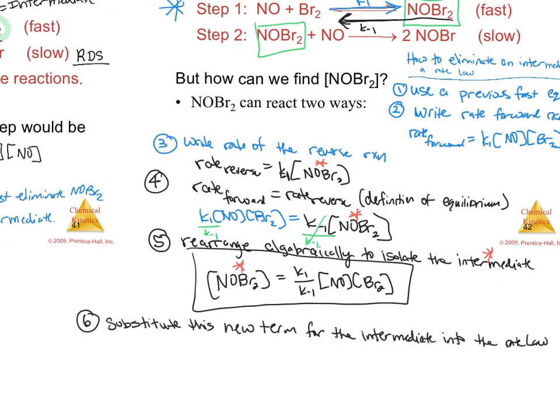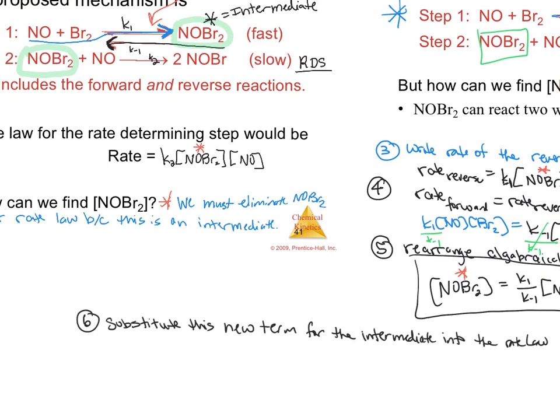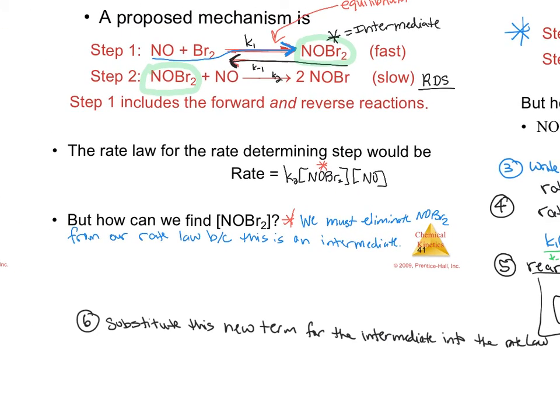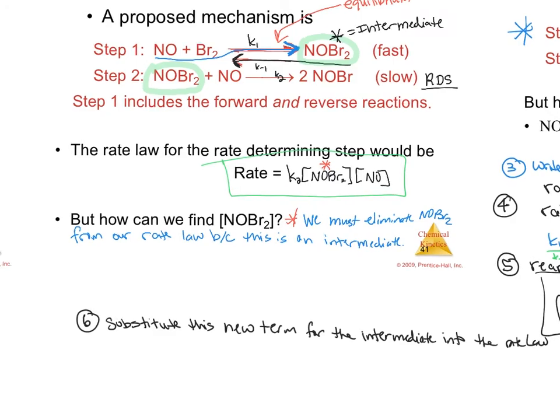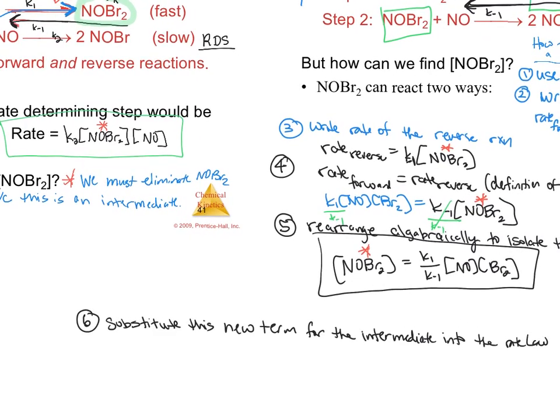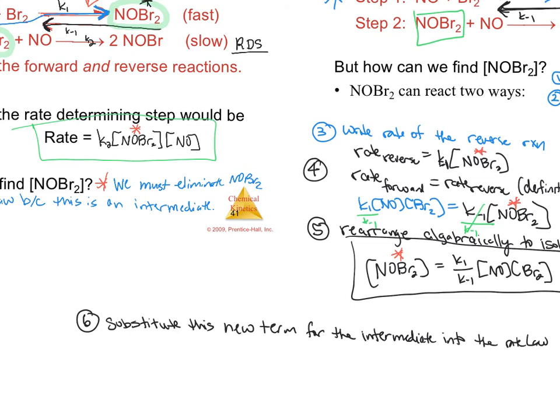So on the previous slide, remember, we saw that the rate equals K2 times NOBr2 times NO. That is what we're going to rewrite. Let's see if I can get this back. Maybe I can write it down here. So remember the rate of our slow step.